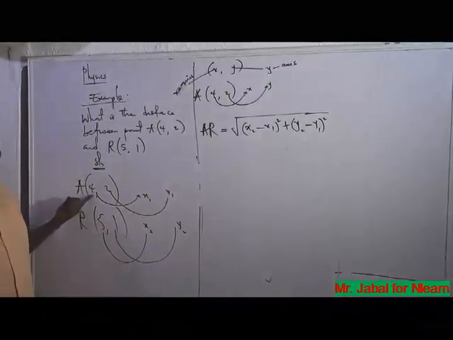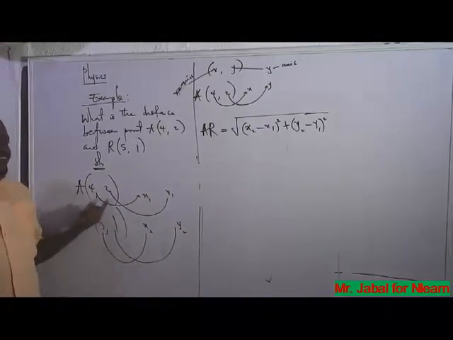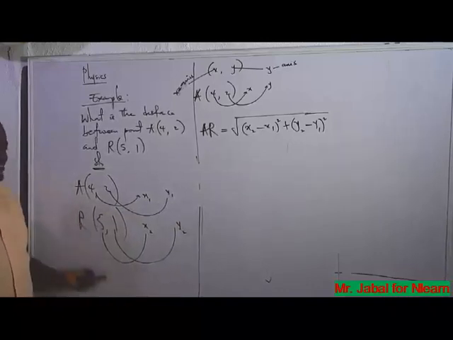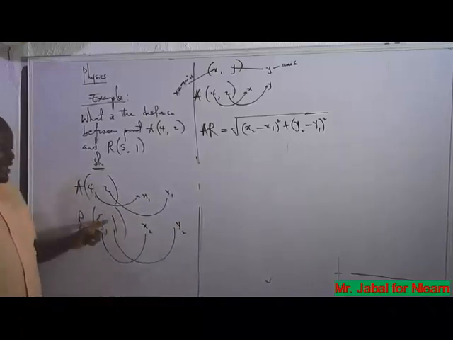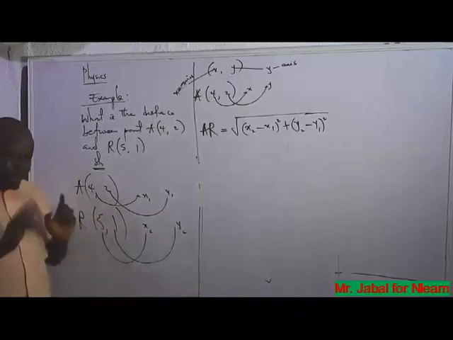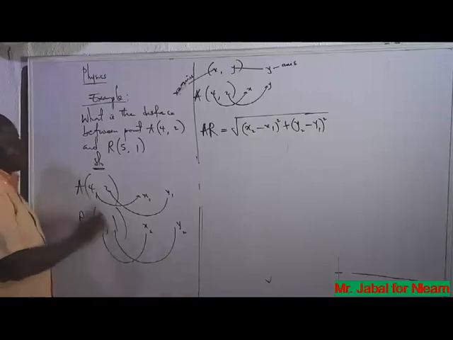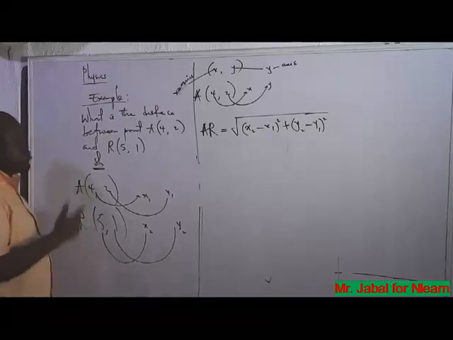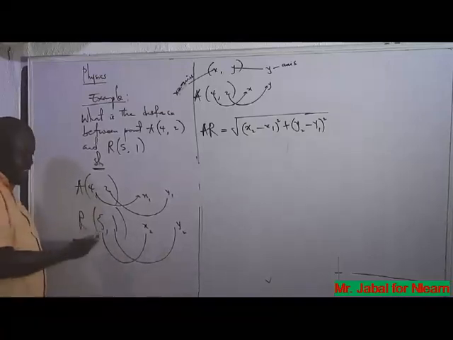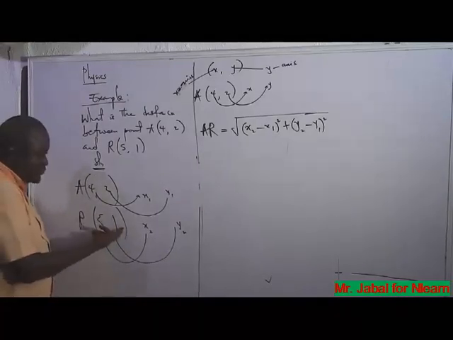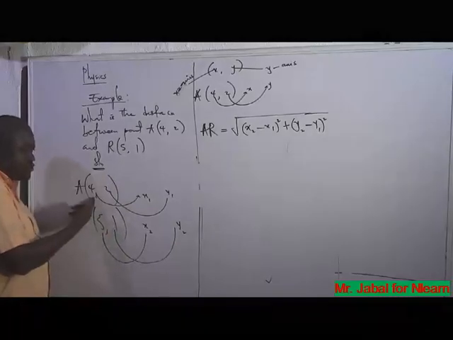So the first one is x1, y1, and this one is x2, y2. You can also reverse it. You can decide to take B (5, 1) first before this. In that case, it's reversed. This can also be x1, y1, x2, y2.